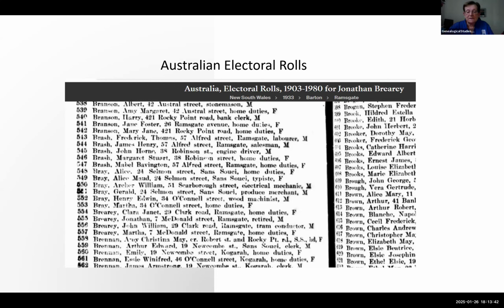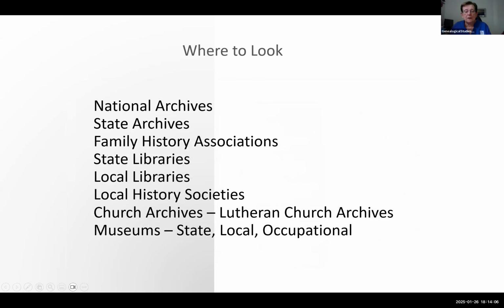He's not living at the same place though. Jonathan and Martha are living at 7 McDonald Street. John William himself is living at 29 Clark Road, Ramsgate, and he's a tram conductor. So it gives you a bit of information, and the best thing is that it tells you when they reach 21 and go on the electoral rolls.